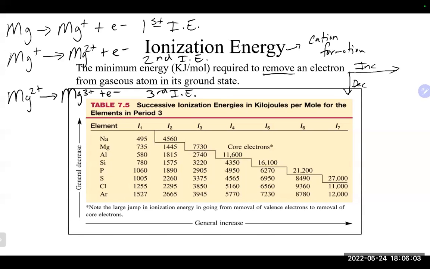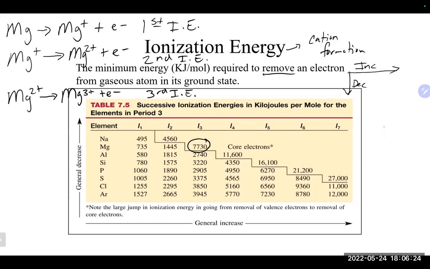So for magnesium, it's 735 kilojoules to pull off the first one. It doubles to about 1,400 or so kilojoules to pull off the second one. Then it goes about 6 or 7 times more energy to try to pull off the next electron, which frankly does not happen at that point.